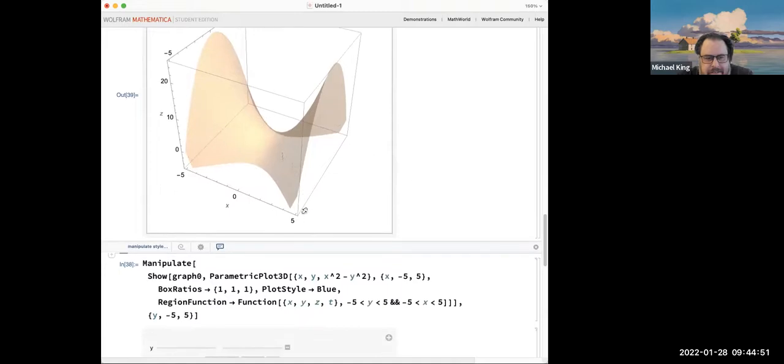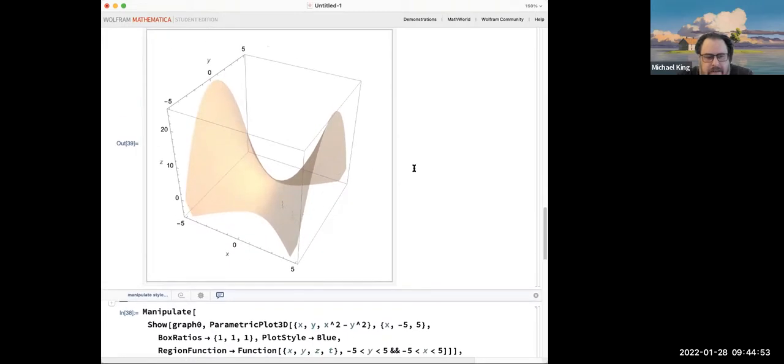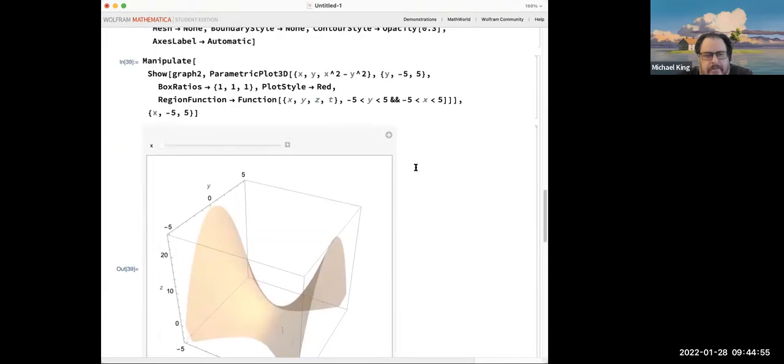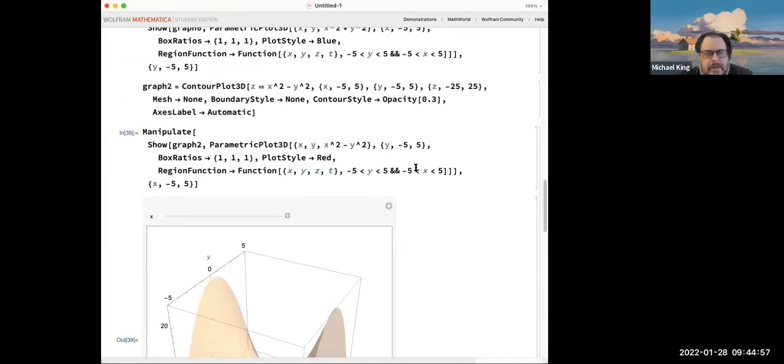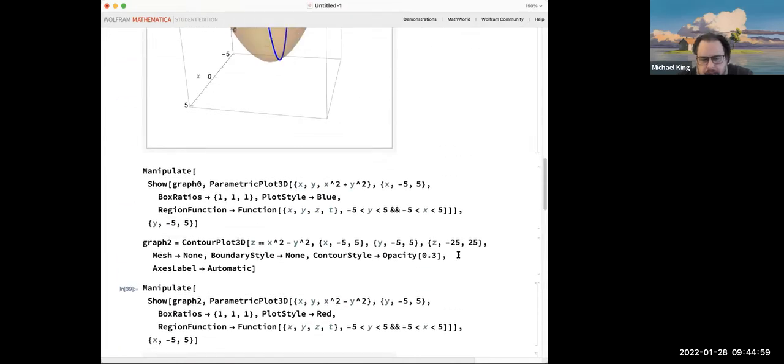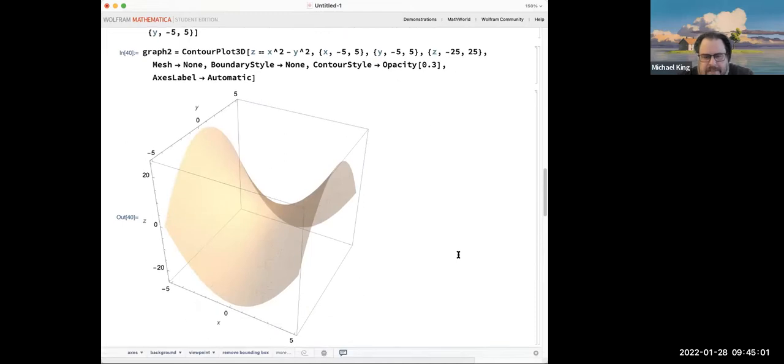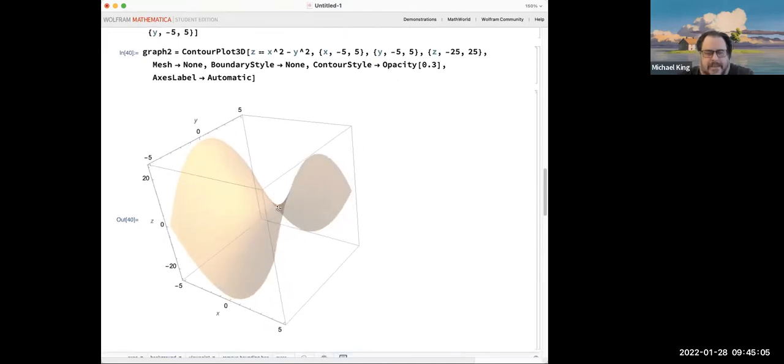I don't know why it looks a little funky. Sorry, this is supposed to have Z go from, well, this is what the combined graph looks like, which maybe you can sort of see now from the movies.